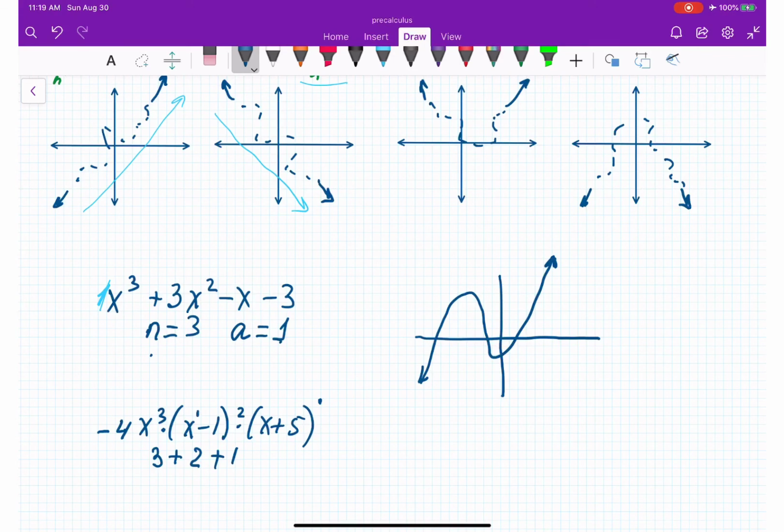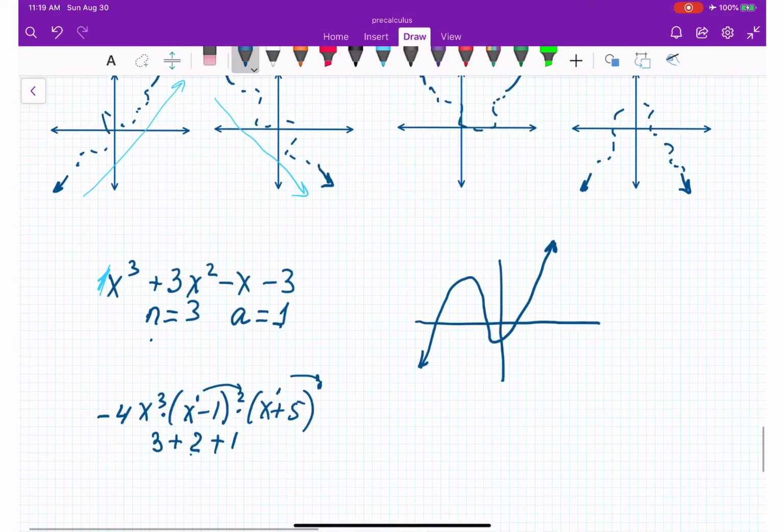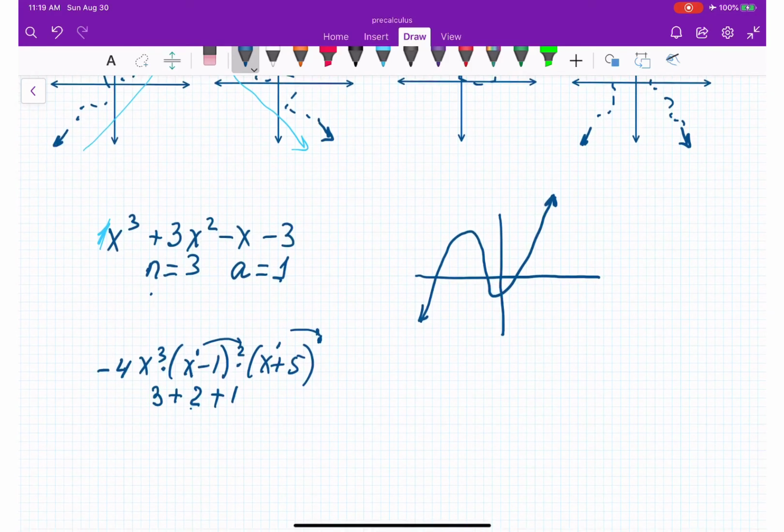So 1 times 2 is 2 here, and 1 times 1 is 1. Why am I doing this? Because if you open the parentheses and start multiplying, this is x to the power 3 times x to the power 2 times x to the power 1, and the degree is going to be 6. So the n we have equals 6, correct?